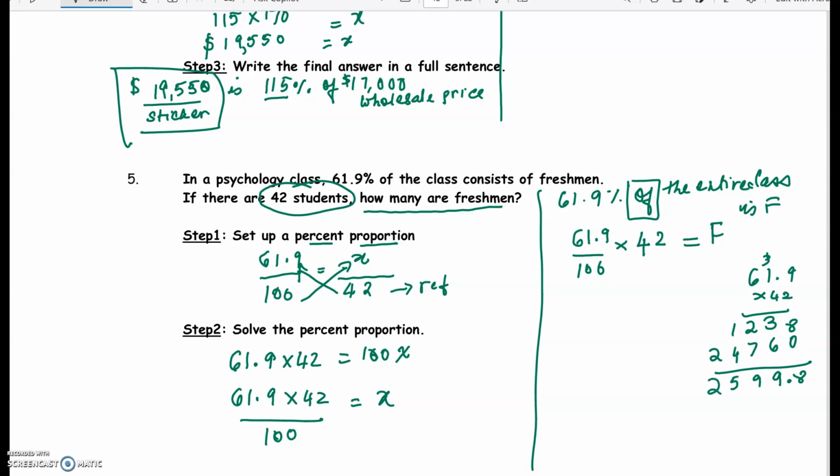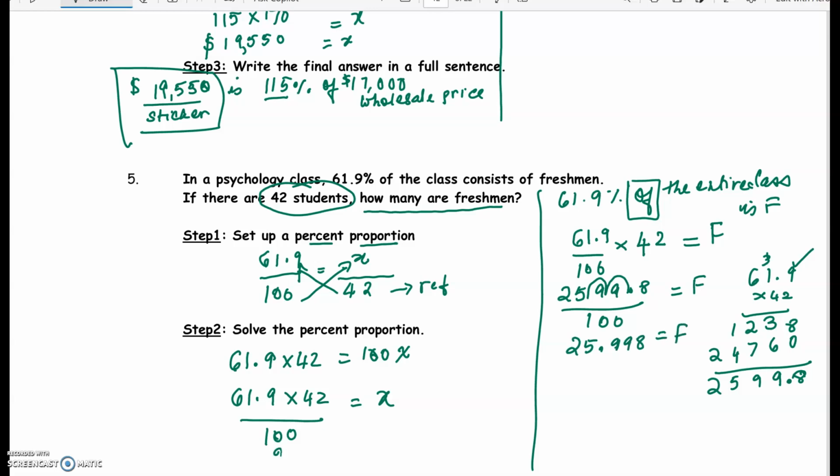And I'm going to place a decimal point. There's only one decimal place value in both the numbers. So I count the total number of decimal places, which is 1, and I get this. So I have 2599.8 divided by 100. So when you divide by 100, you shift the decimal point 2 places to the left, which makes it 25.998 freshmen.